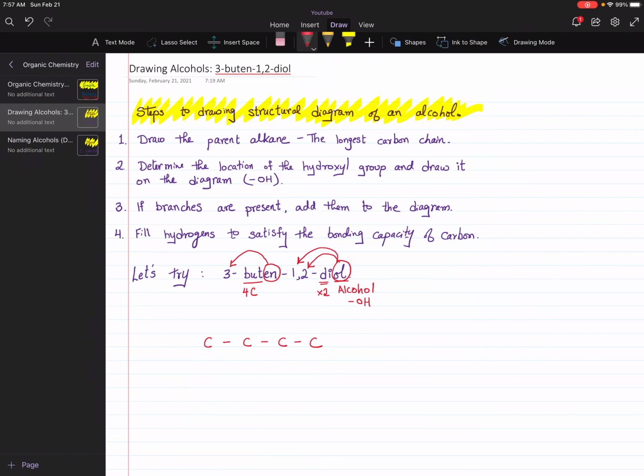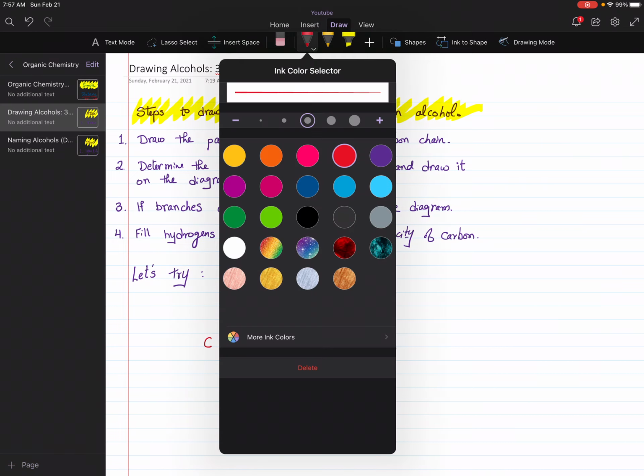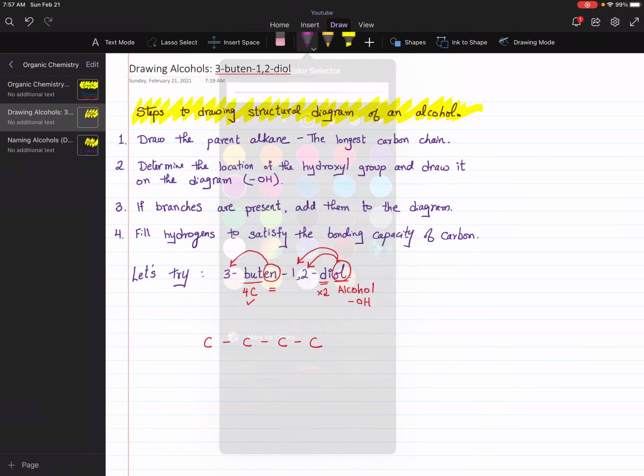Going back to the name, we have drawn the "but" part, which is 4 carbons. Then the new characteristic of this molecule, there is an "en", which is a double bond at position 3. Let's say we are starting to count from the left hand side. Let's number our carbons so that it's easier for us. This is carbon 1, 2, 3, 4.